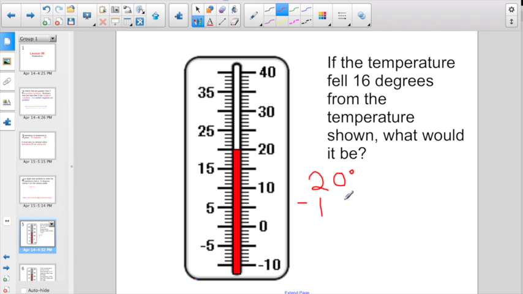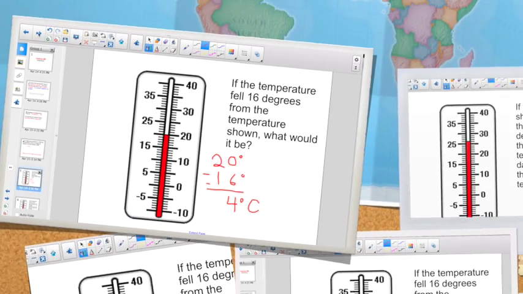So we're going to have to subtract 16 degrees from it. 20 degrees minus 16 degrees, that's going to leave us with 4 degrees, right? And in this particular case, this thermometer does not have a label of either Celsius or Fahrenheit. I would judge looking at those low numbers, that is a Celsius grade thermometer.